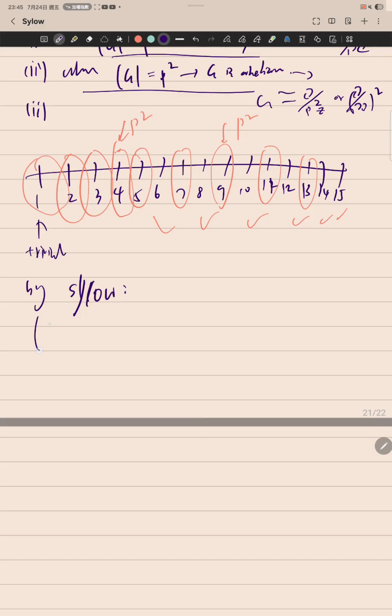Okay, so let's consider the order of G equal to 2p, where p is odd. So this contains 6 and also 10 and also 14. 6 is 2 times 3, 10 is 2 times 5, this is 2 times 7.